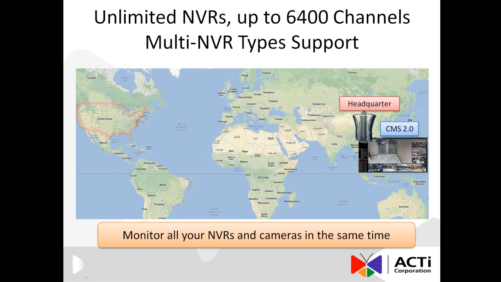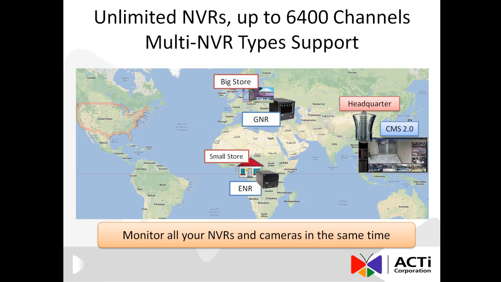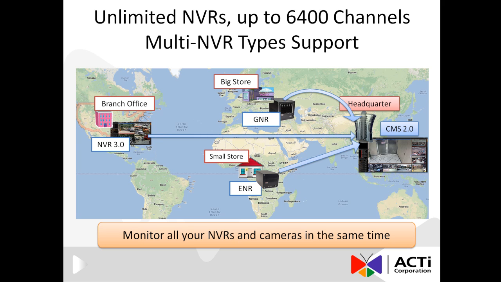Furthermore, though a user may own multiple different types of ACTI VMS, such as the ACTI ENR, GNR, MVR3, or even INR systems across different locations depending on the size and purpose of each location, the CMS 2.0 would still be able to support all listed MVR types up to 6,400 channels. It also enables the users to view the live view and playback video of any combination of cameras in any location at any time.